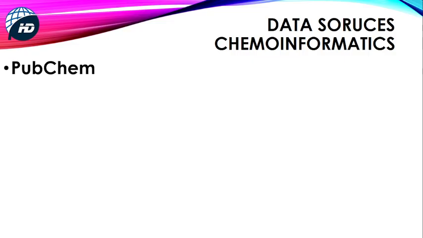IMPPAT is an Indian database of their medicinal plants, where once you type in any plant, you will get all the information about that plant, including the bioactive compounds present in the plant, which has been collected through GCMS results. So we have different classes of databases in chemoinformatics.